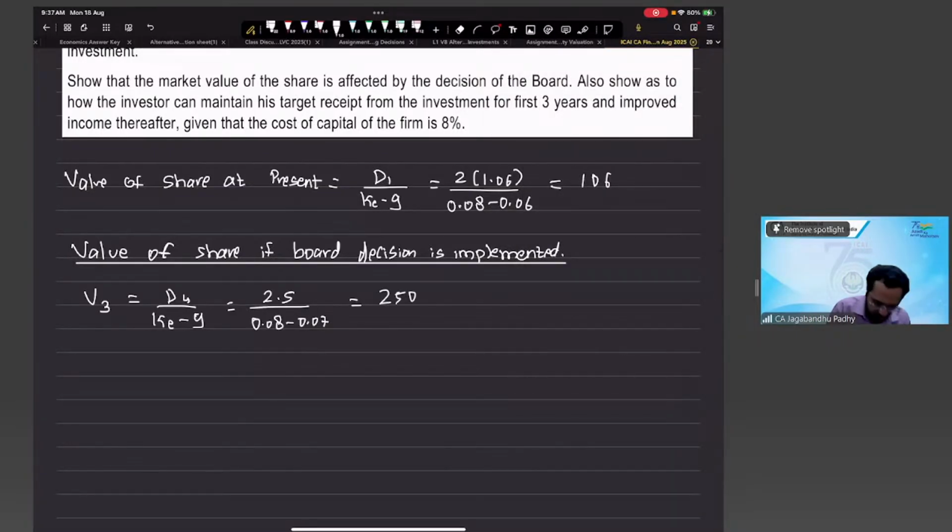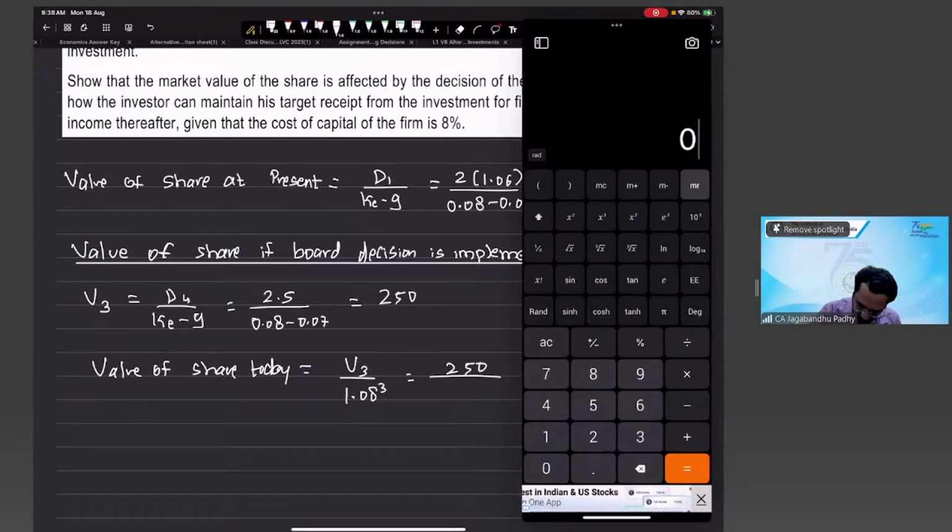But remember, this is the share price in year 3. So I need to get the value of the share today. Since we don't have any dividend in between, I can say this is value 3 divided by 1.08 raised to 3, which is 1.2597.